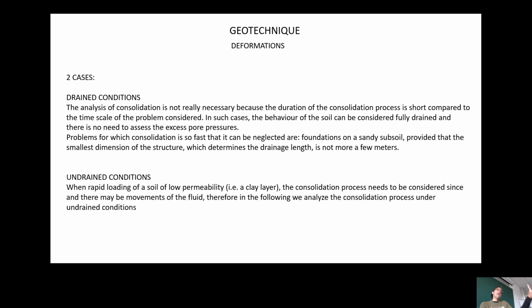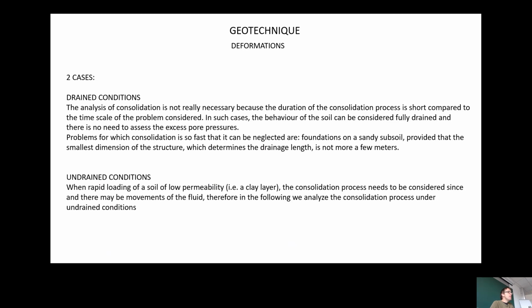So the first case is very simple and can be represented with the equations that you already know from the structural engineering course that you have already done.